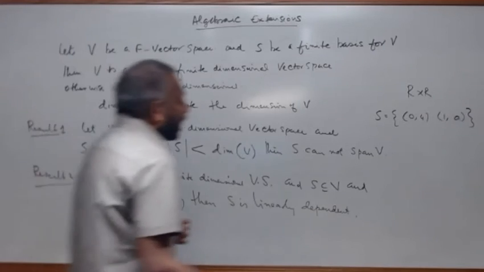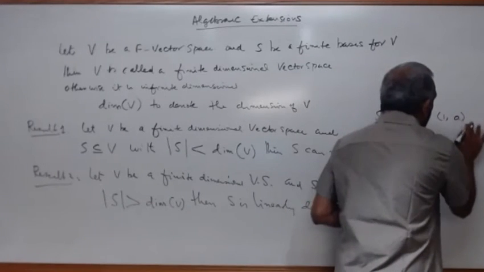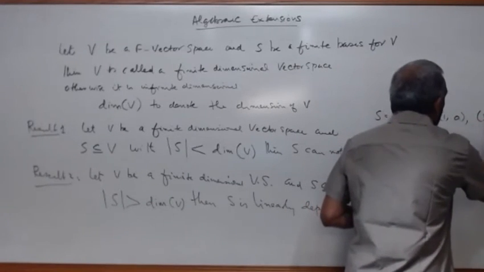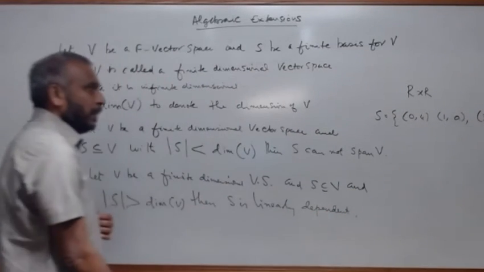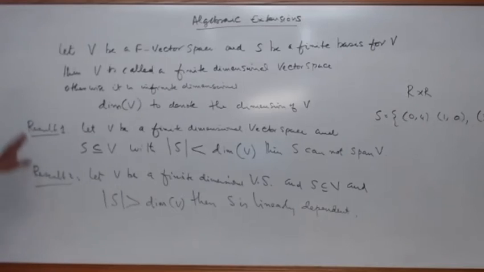That means if you are adding one more element here, then it will become linearly dependent. You cannot make it a linearly independent set.